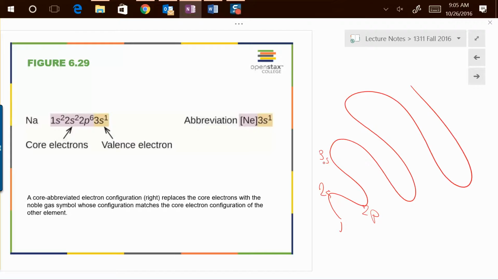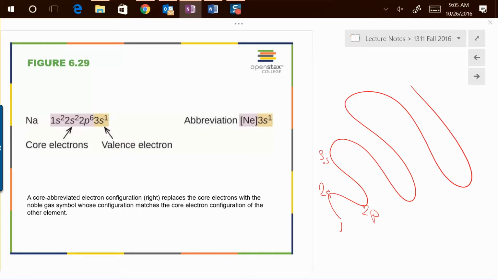All you have to do is follow this. This will tell me exactly where I am and what my electron configuration is. As long as I remember, this is not 4d, it's 3d. 1, 2, 3, 4. Just count to 4. 1, 2, 3, 4. And I will know where I am. Okay? All right.